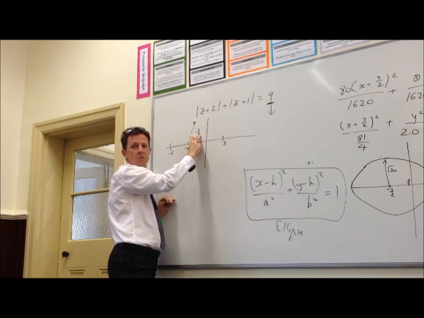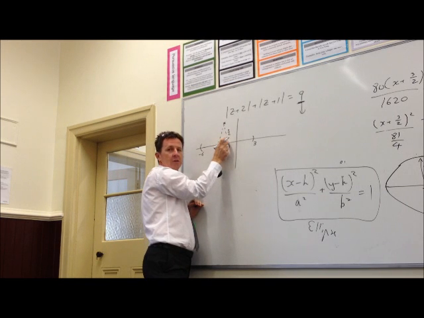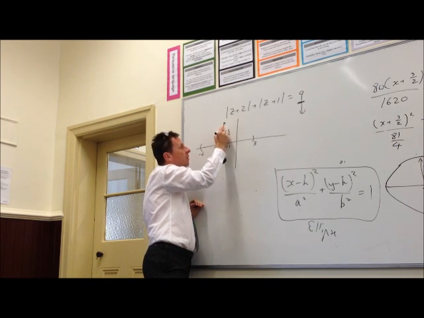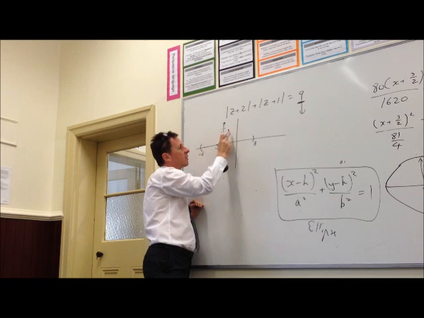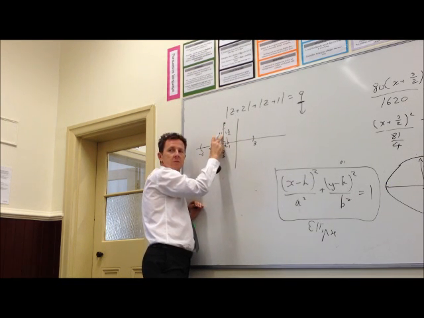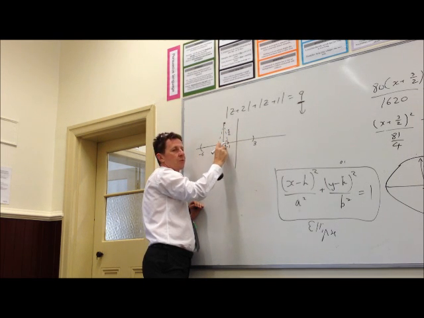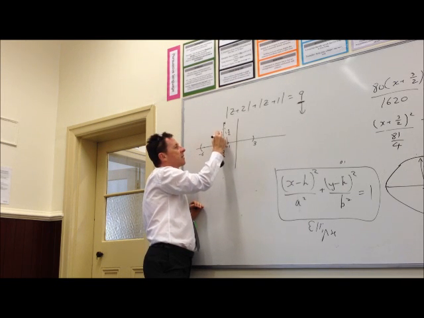So that's 9 on 2, 4.5. This is a half. There's a Pythagoras triangle. That squared minus that squared gives you this distance. 81 on 4, take away 1 on 4 is 80 on 4, which is 20.